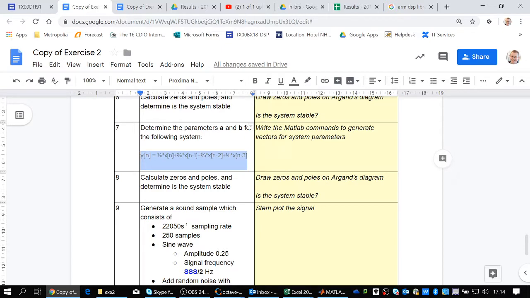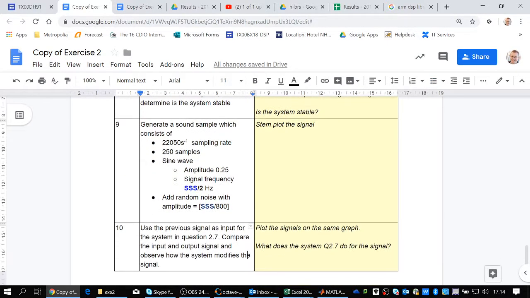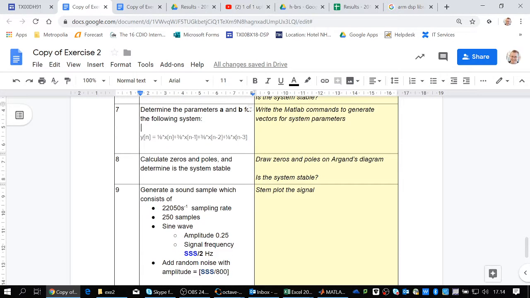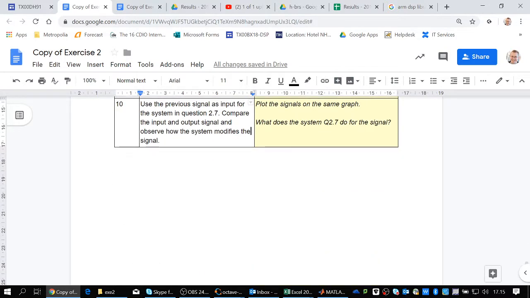And when you do the sound sample, okay, and compare the original sound sample with the filtered sound sample, meaning using that as a filter. So this is your filter. And then comparing the values.